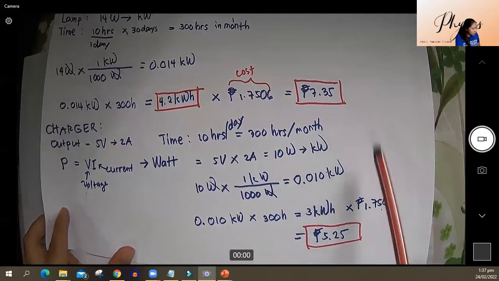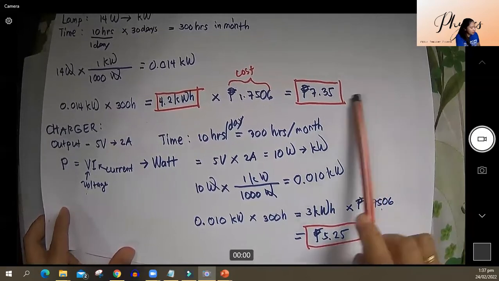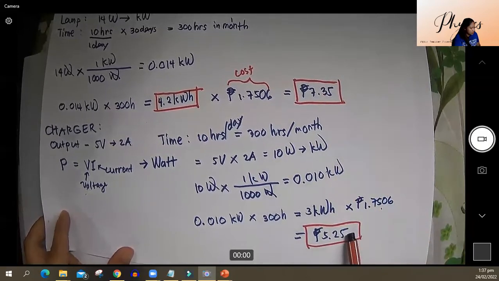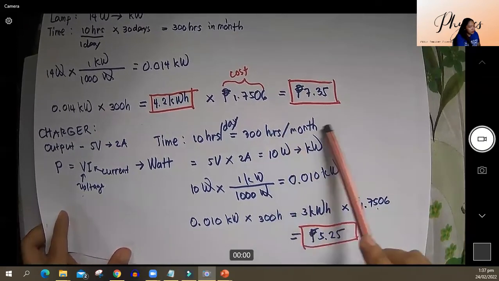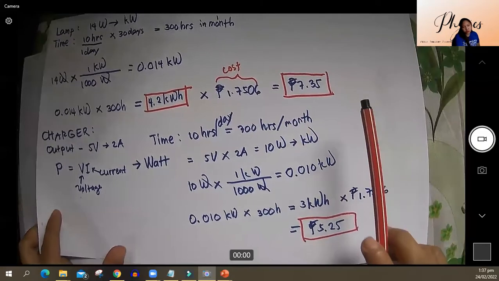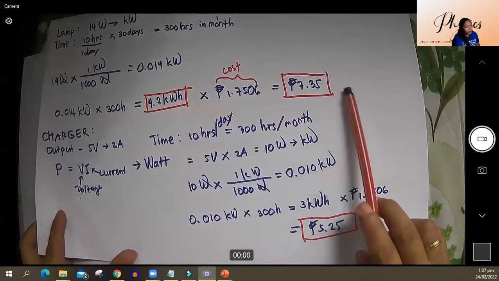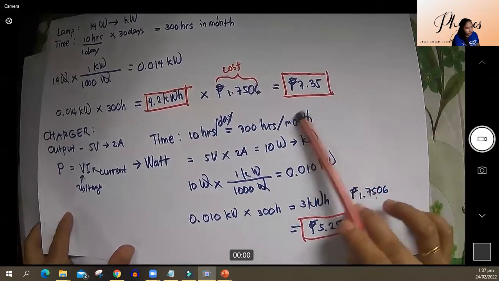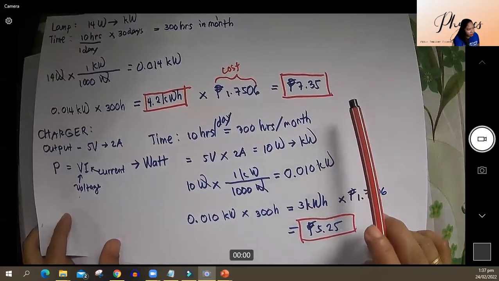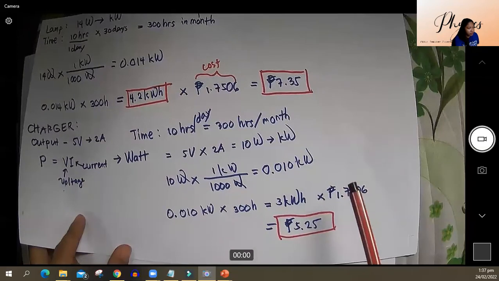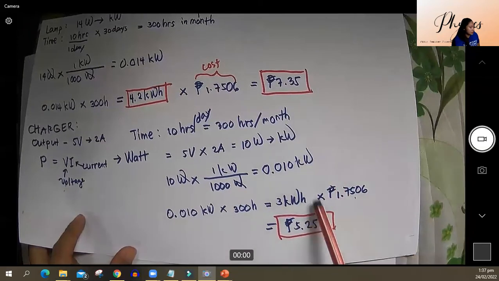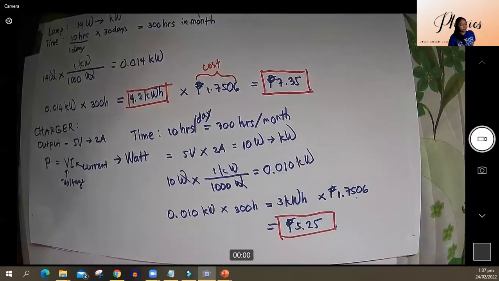From these two comparisons, the lamp and charging phones, the lamp will contribute much more to our electricity bill, just based on this calculation.